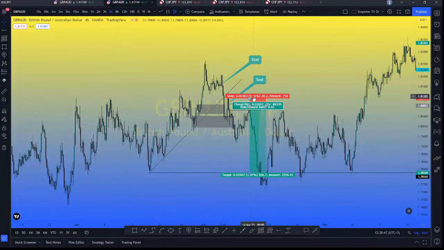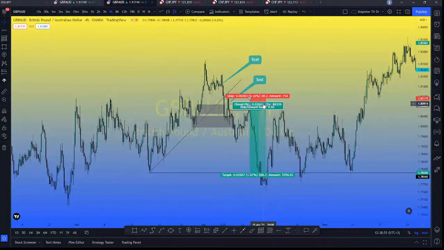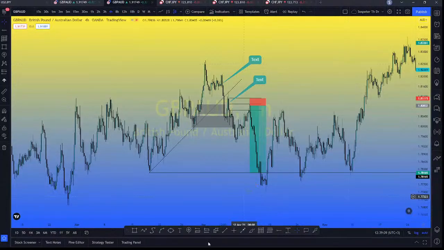So that's around 1 to 8, 1 to 8 reward. So guys, you have to be patient. I hope the example is clear.